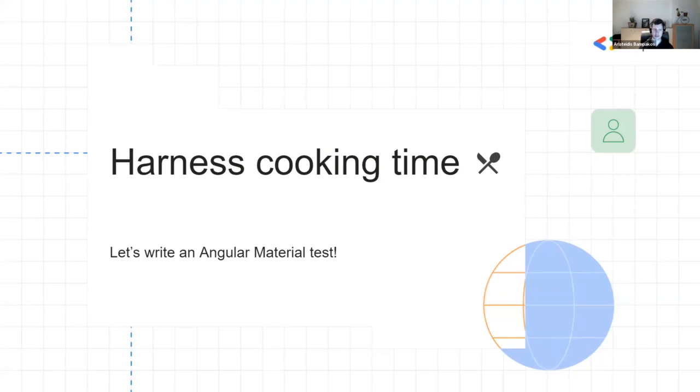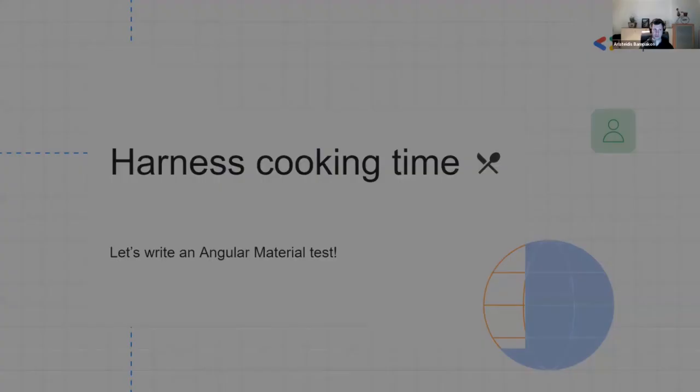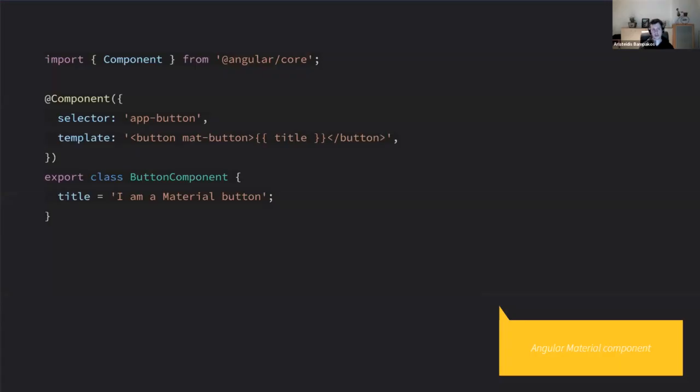So let's get started. Suppose that our application contains a button component, and in the template, we have an HTML button element. And this button is rendered as an Angular Material button, as you can see from the mat-button directive. And the text of this button is interpolated using a title component property.